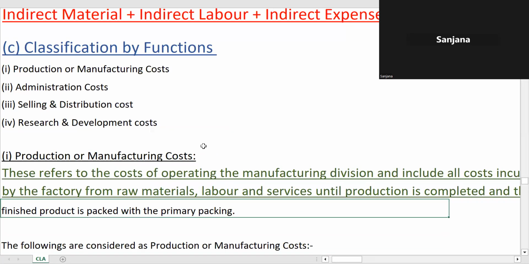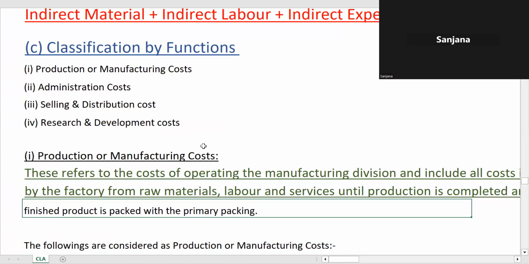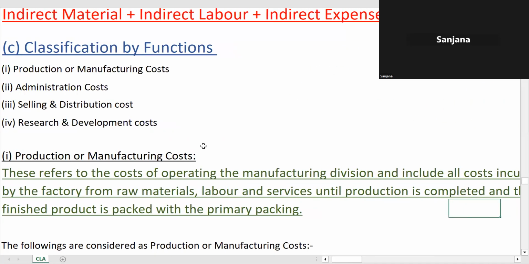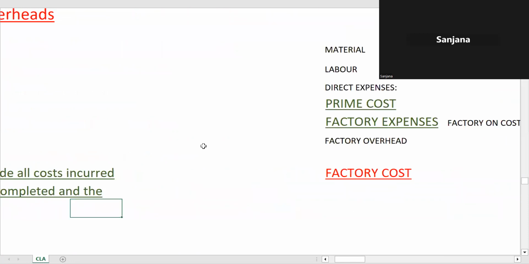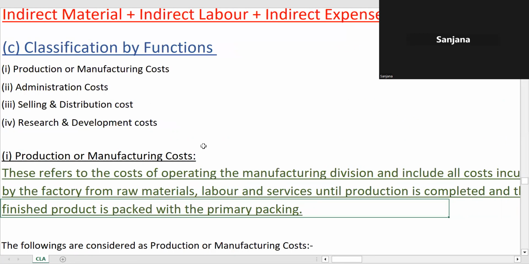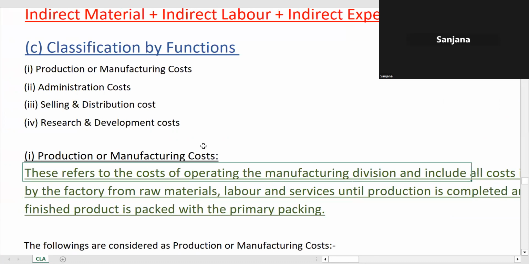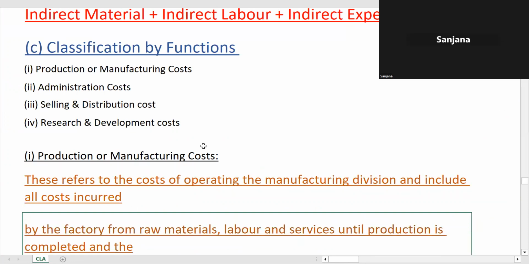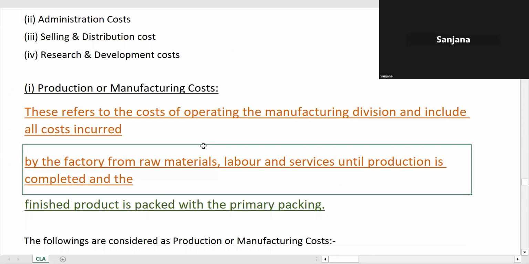All the costs incurred by the factory, even before the incurring of factory expenses, everything will be included.